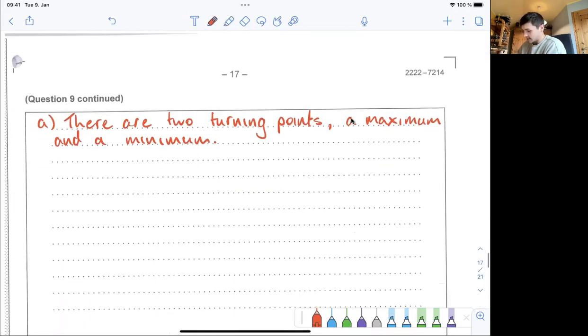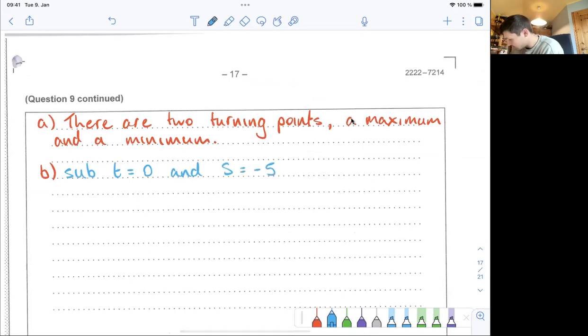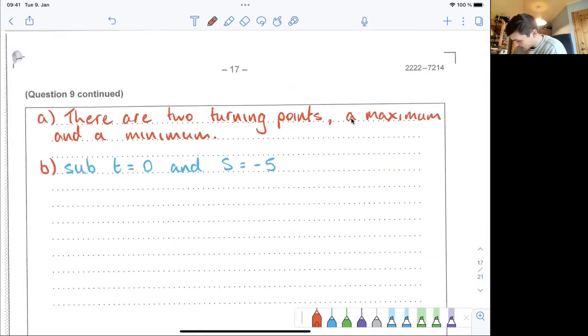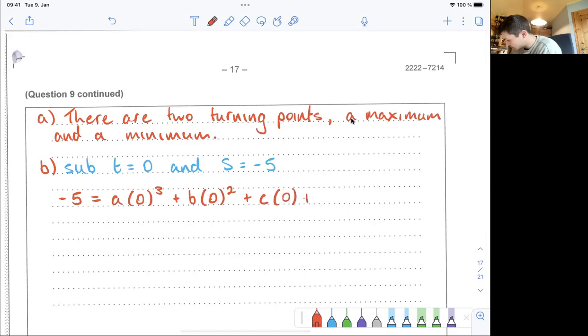So if I write that out down here, we'll have B. If we sub in T is equal to 0 and S is equal to -5, from this first bit of the table, we'll say S is -5, which is equal to A multiplied by 0 cubed, which is just 0, plus B times 0 squared, which is also going to be 0, plus C times 0, which is 0, and then plus D. And so therefore we get D is equal to -5.